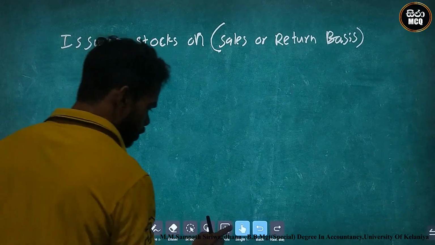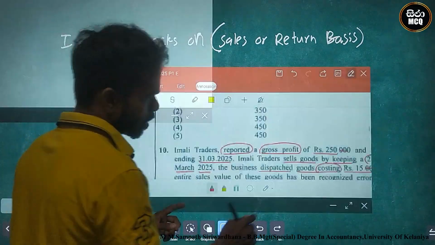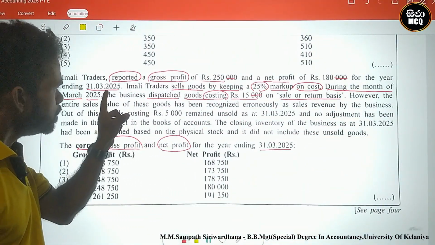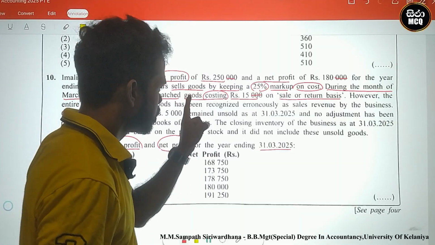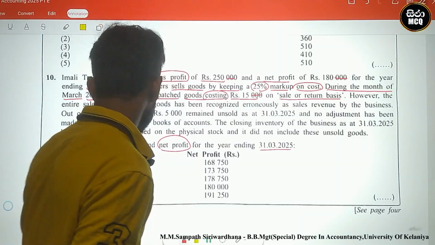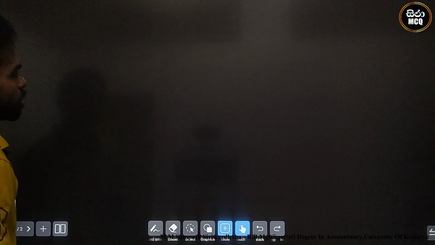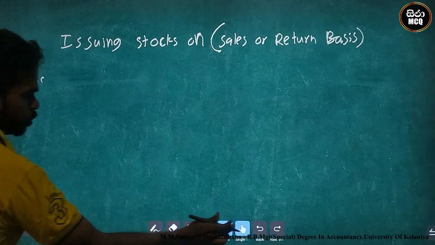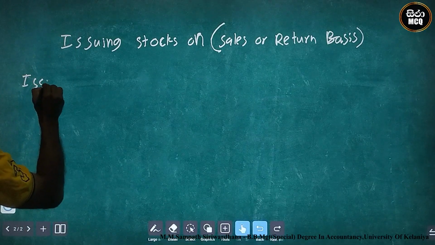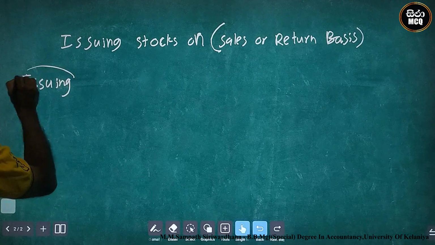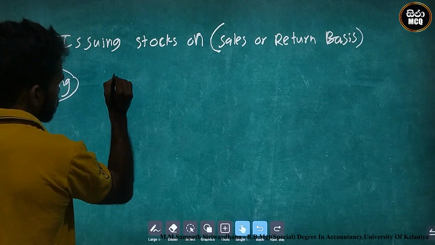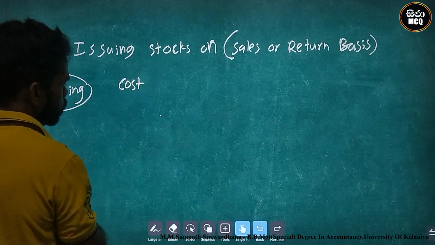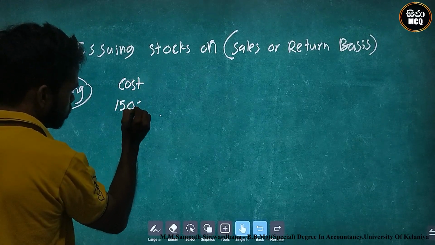What is the information there? The business dispatched goods costing 15,000. The cost is 15,000.